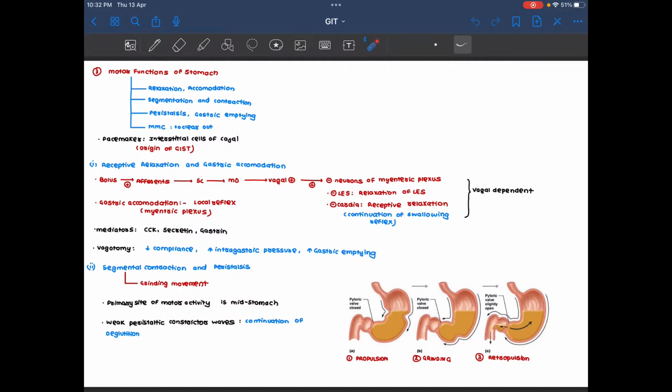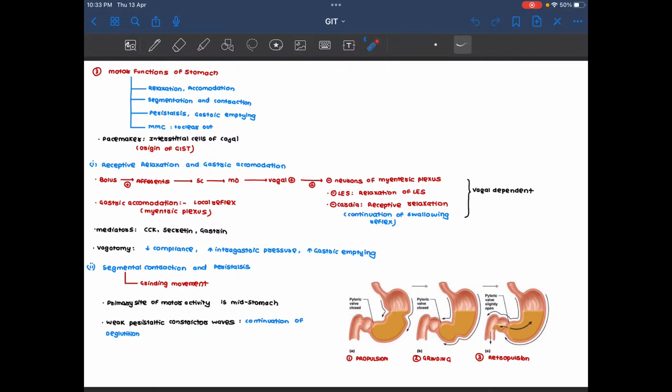It's not that this portion cannot occur in these patients; gastric accommodation can occur because it's an enteric nervous system mediated reflex, but the predominant role is played by the vagus only. Whenever vagotomy occurs, the compliance of the stomach is going to decrease, the intragastric pressure on the other hand is going to increase, as well as the gastric emptying. Whenever the intragastric pressure increases, your gastric emptying is also going to increase.